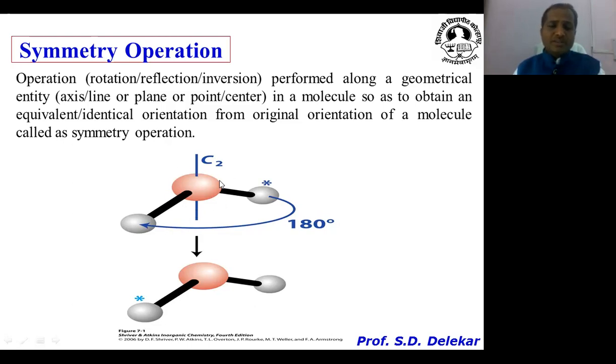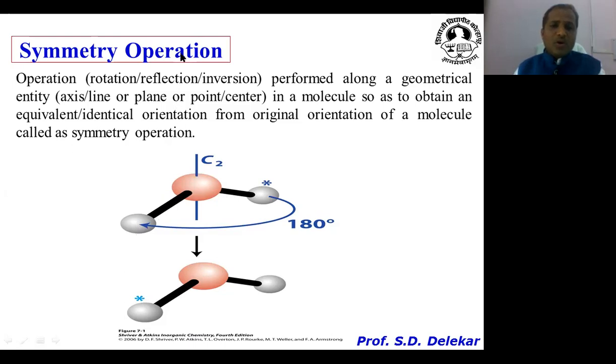Equivalent orientation means that the framework of the two is almost the same, an inverted V shape. The only change is the exchange between like atoms. Equivalent orientation means an orientation having the same framework as the original orientation, but with exchange between the like atoms.